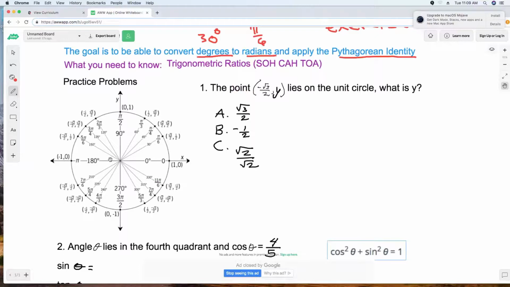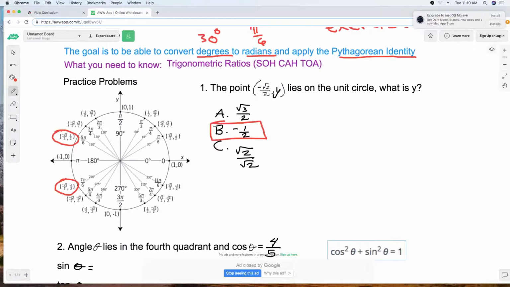For this one, all you have to do is look at the x values of each part of the unit circle. Here you have negative square root of 3 over 2 for the x, right here. So this is one of the points, and you're actually going to have that value again right here. Then from looking at the chart, you just look at the options that you're given. In this case, we notice that 1/2 is not there, but negative 1/2 is here. So we will select B.